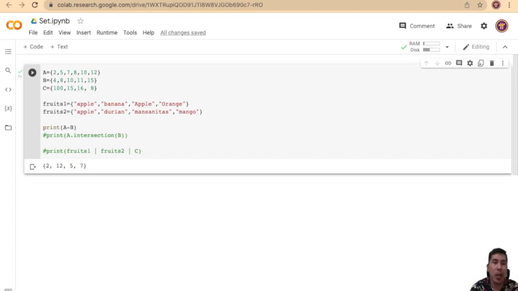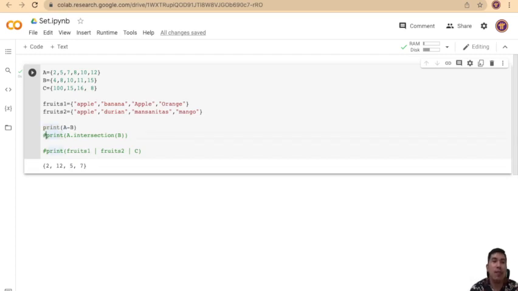We have 8 in A and also in B, and we have 10 in A and in B, so we only show the elements of A that are not in B if we use the difference of two sets.